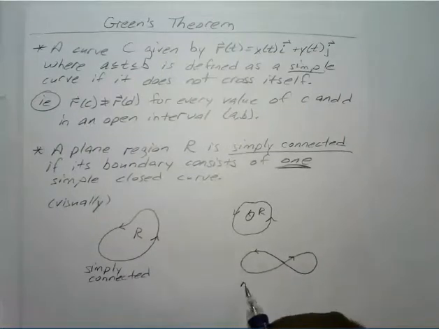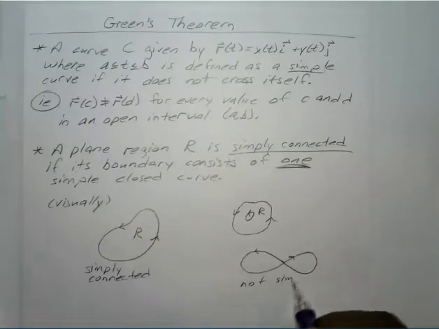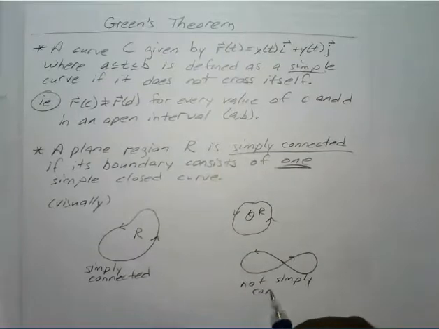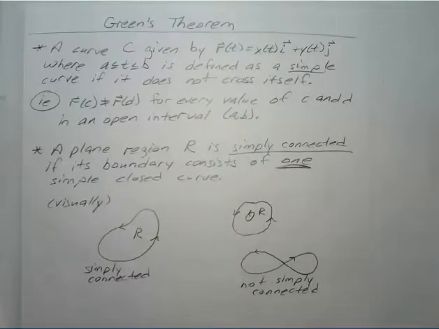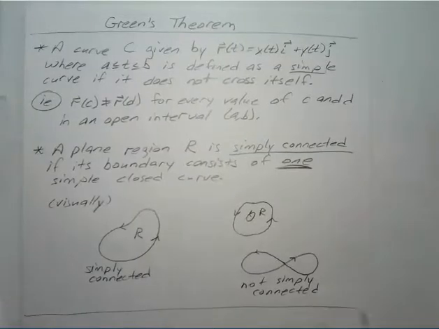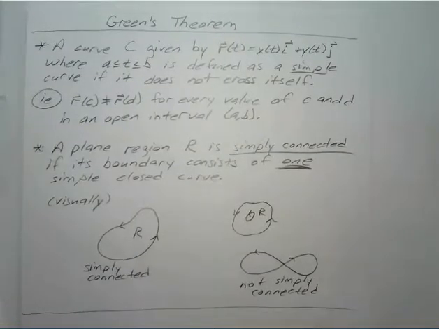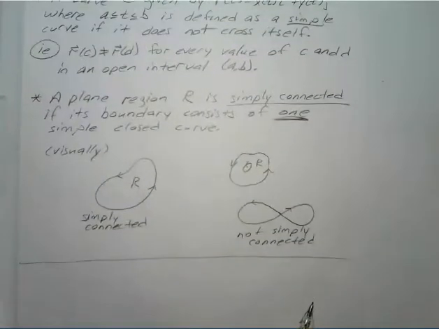These are not simply connected. Okay, so these will slowly lead up to what we will call Green's theorem. All right, so we don't have a whole lot of room on this page, so we're going to continue this on the next page.